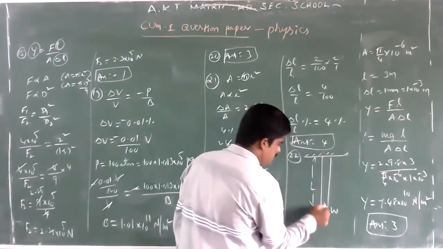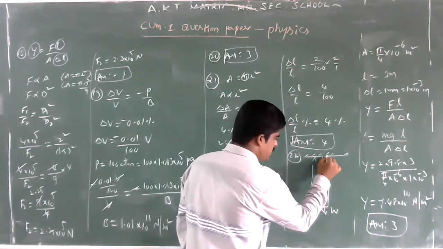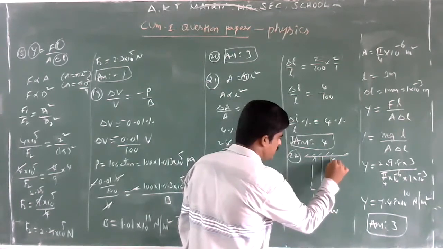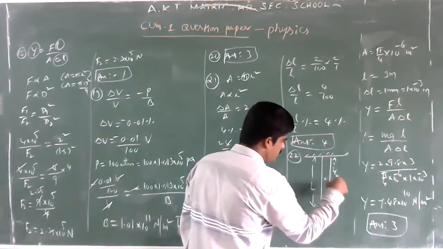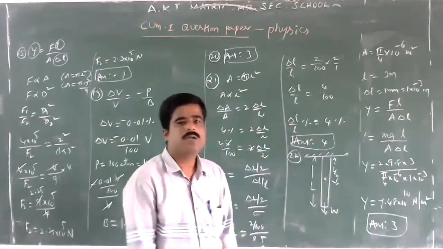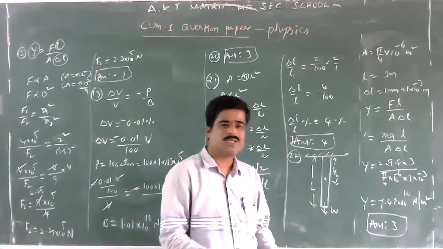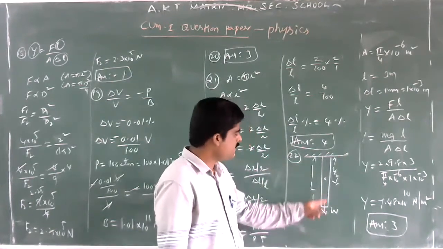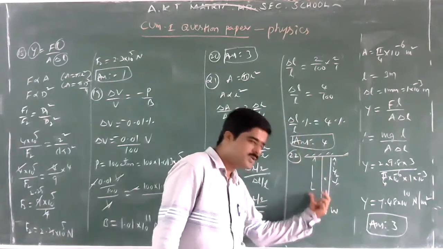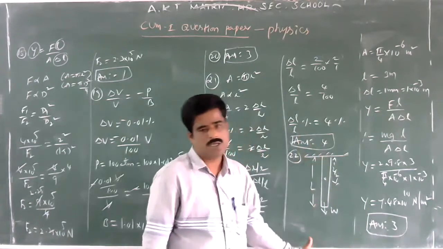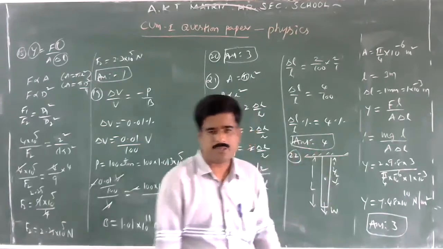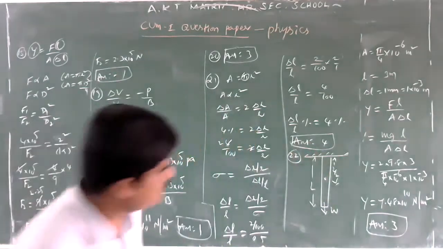But total length is L. From the fixed end, at what distance is the center of mass located? L by 2 distance. So the effective force is acting at the center of mass location. Okay, but find the elongation. So some load is attached. What happens? Its length increases. What is the change in length? How much elongation will be produced in the rod? So we want to find the elongation.